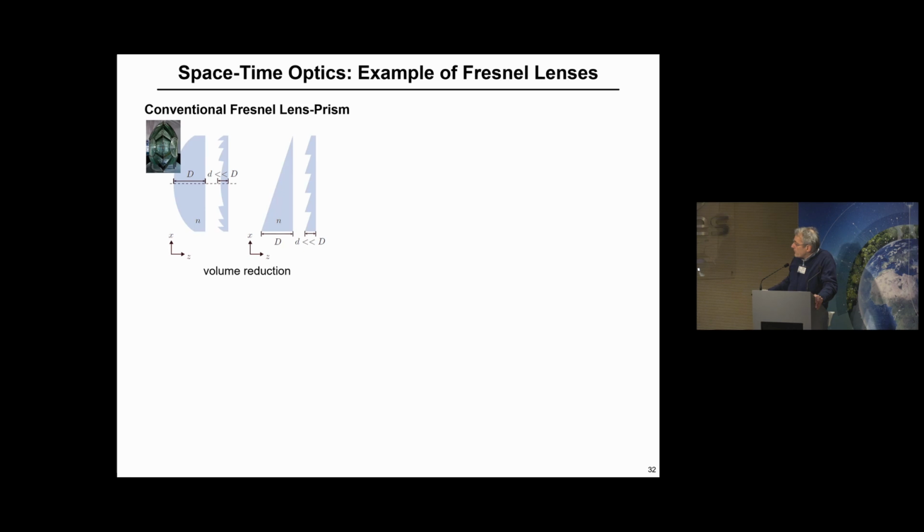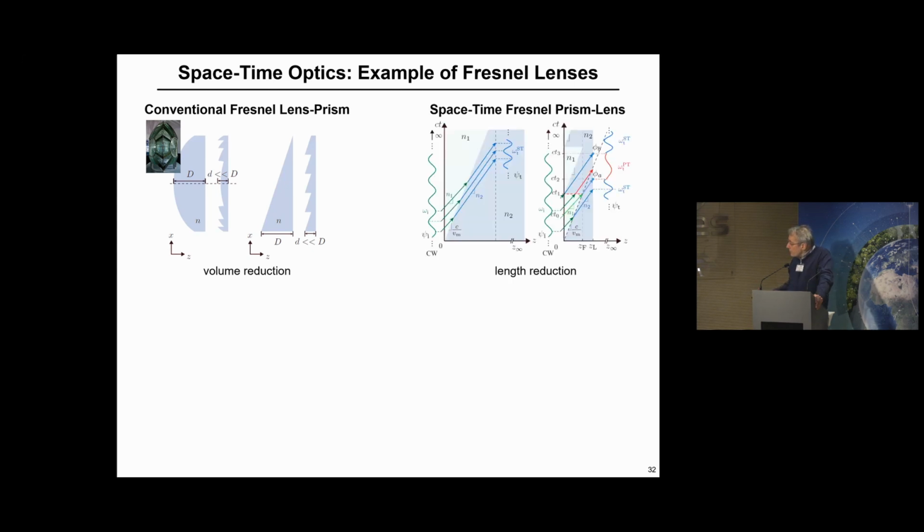And there is the special case that is called a Fresnel prism, but it's just a particular case of that. So we say, why don't we do this not in space, but in space-time, as shown here, okay? It's a little bit hard to see what's going on, but it's something like this.